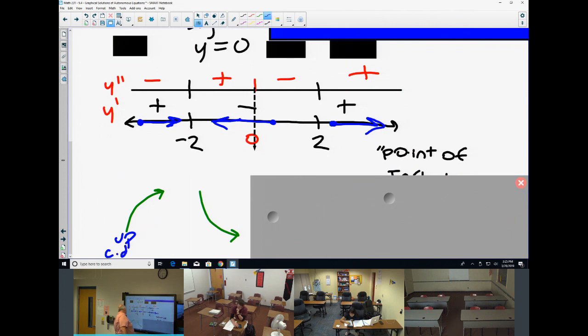Let's not use up and down for the first one; let's do increasing and decreasing. So the first one is increasing, but concave down. The second one is decreasing, but concave up.